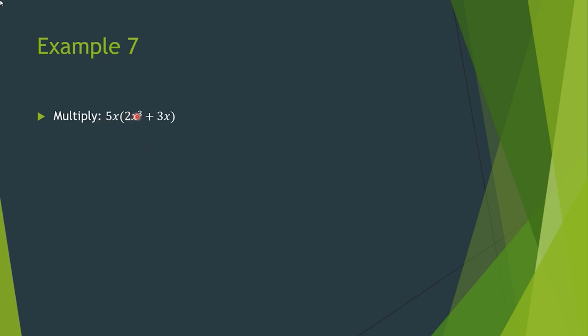So take 5x and distribute it to both the 2x cubed and to the 3x. So write that out. 5x goes to both of those, and then you would simplify both of those. You can multiply the numbers together, so that'd be 5 times 2, which is 10, and then x times x to the third would be x to the fourth, because when you're multiplying, you add the powers together.